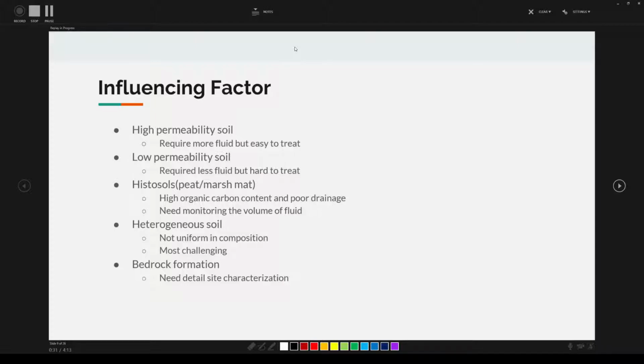Treatment reagent solution injected into a high permeability granular soil tends to infiltrate the pore space more uniformly when a sufficient quantity of solution is injected. In this case, it may use lots of fluid, but it is easy to treat.